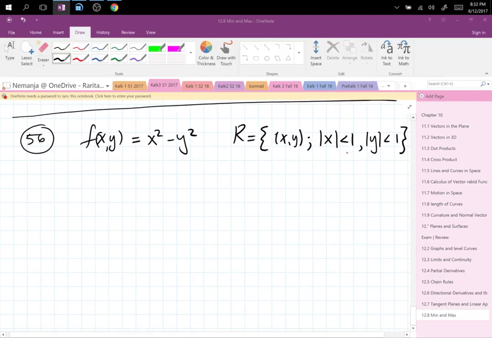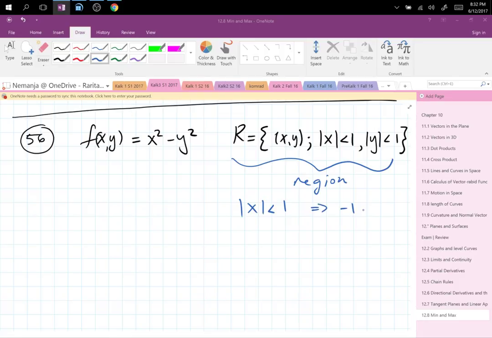Now, you need to be able to graph this region here to understand the cut, to understand the cookie cutter. Absolute value of x less than 1 means what? And then the same thing for y.